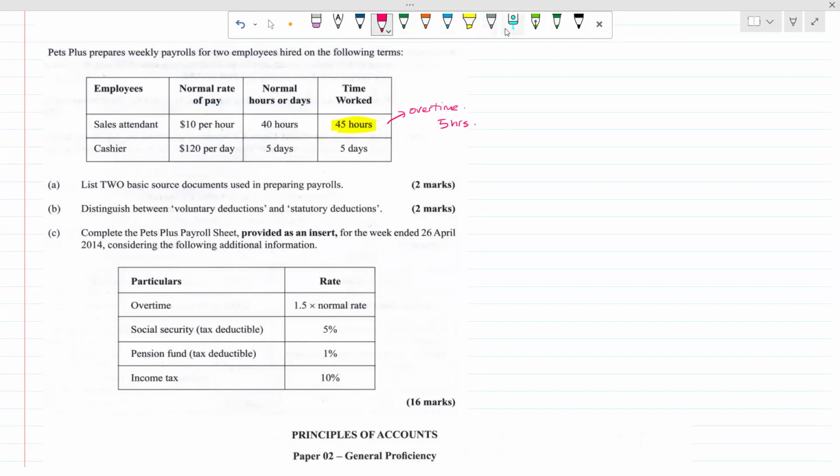List 2 basic source documents when using payrolls. So when we're doing payrolls, there are timesheets, right? That's one source document. We could have clock cards. That's another source document. So in Trinidad, we have what we call TD1 forms or tax deduction forms, which are used to calculate the tax that the employee is supposed to pay, right?